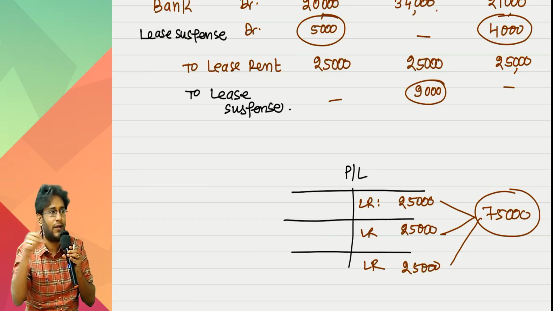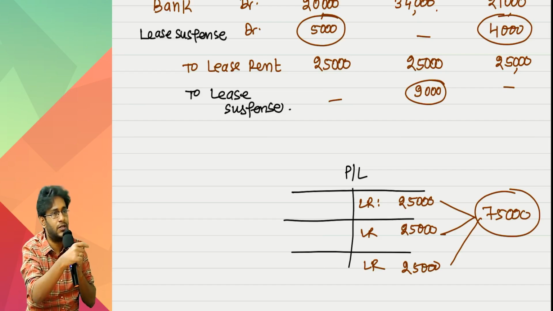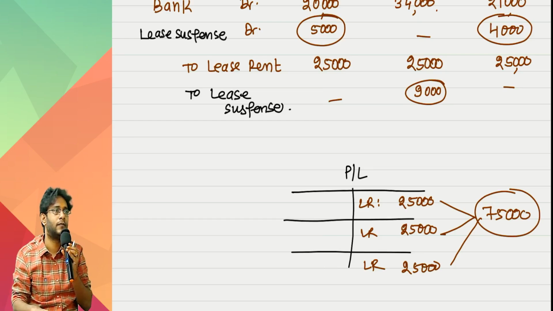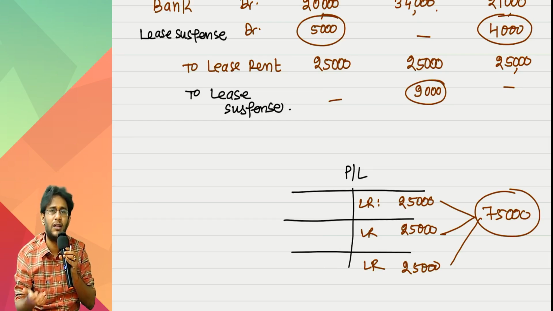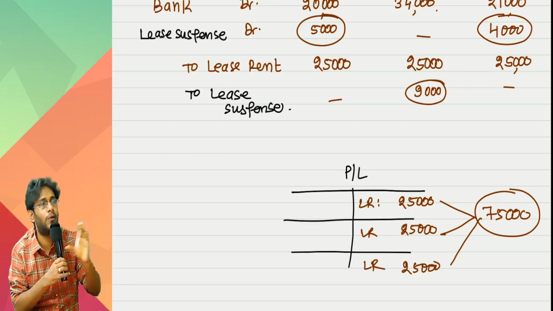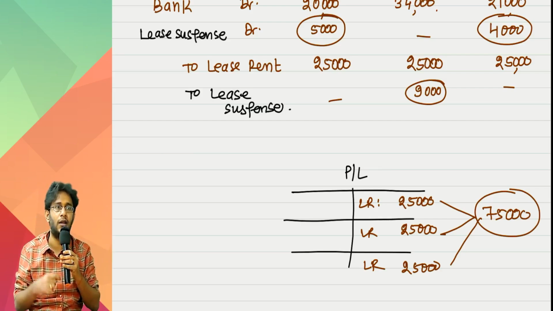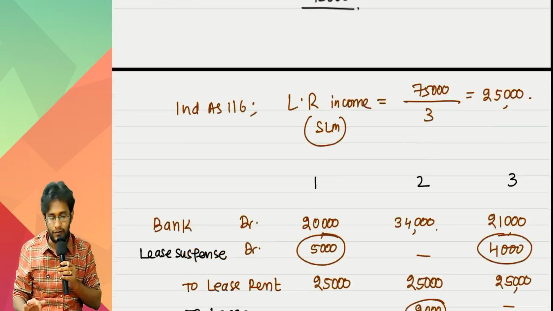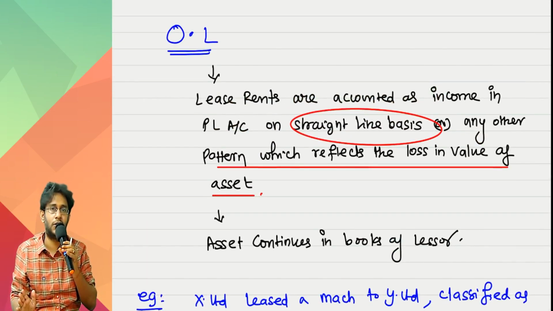On that asset every year I will provide depreciation. Depreciation also will come into my P&L account. If you are following straight line method, then equal will come. You need not follow straight line method. There are so many methods of depreciation. If you follow some other method, the ratio will release 75,000 to your P&L account, so that there will be a matching between depreciation and the compensation for depreciation. So that is an alternative. But first priority is to be given to the straight line method.